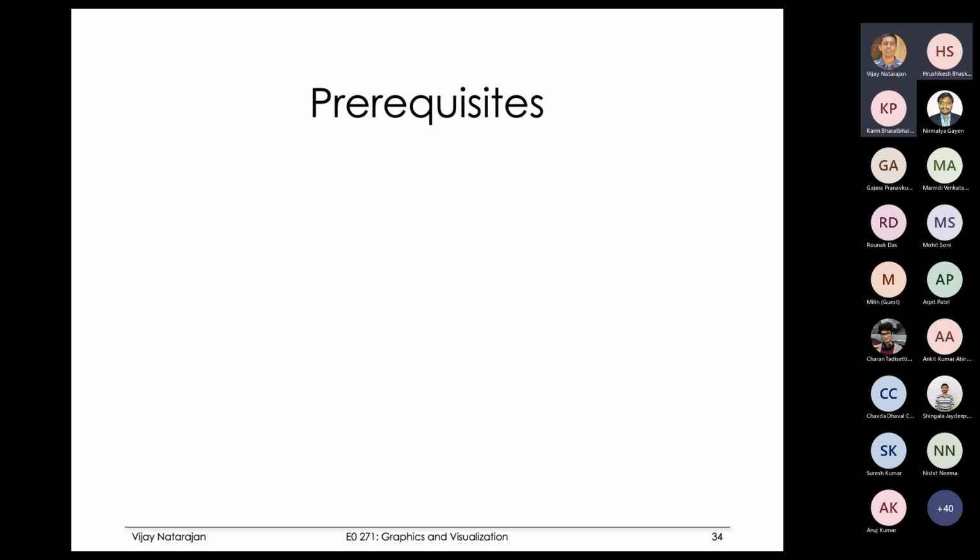The prerequisites first. As you can imagine, this course needs a background from different disciplines, but this is what I think will be definitely required, right? So very strong programming skills.